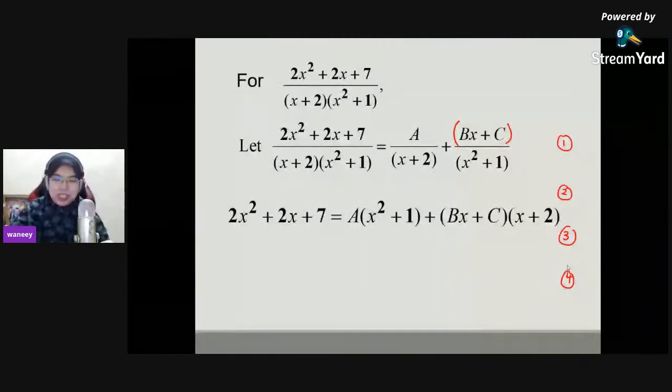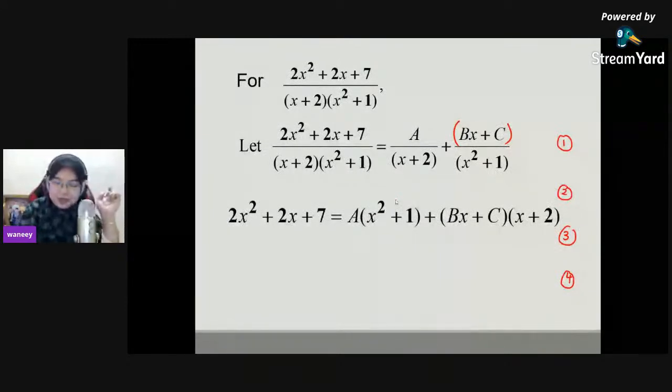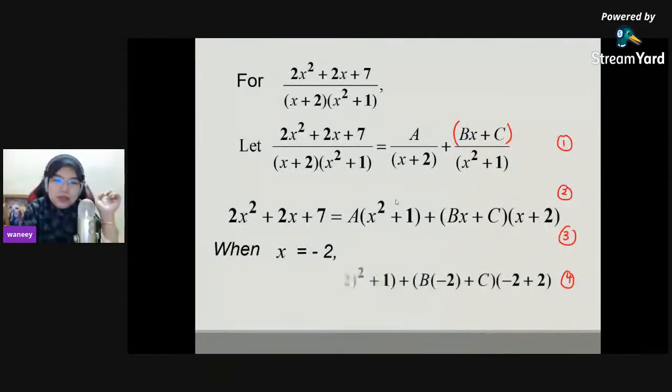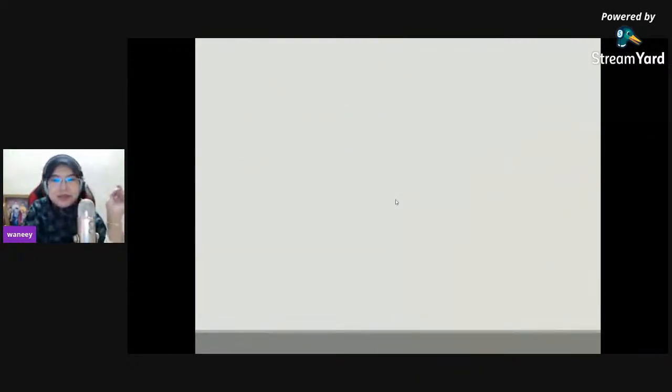Okay, so this one, I combine the second step and the third step. So I simply compare my numerator. Then I substitute when x equal to negative 2, and I get that A is equal to 11/5. Most of you got it right.